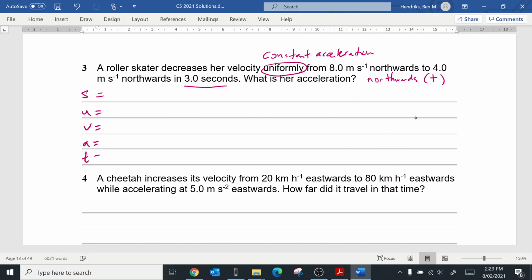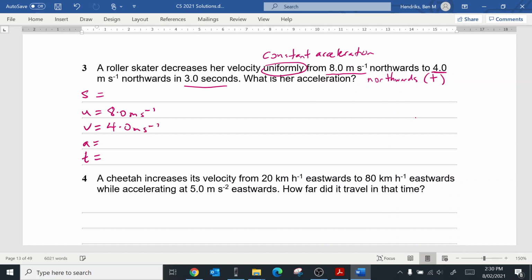and we have to firstly know what do we actually know. So we know that initial velocity is 8 meters per second, and it's northwards, so it's positive, so 8.0 meters per second. Then our final velocity is 4.0 meters per second northwards, because that's what it's decreased to.